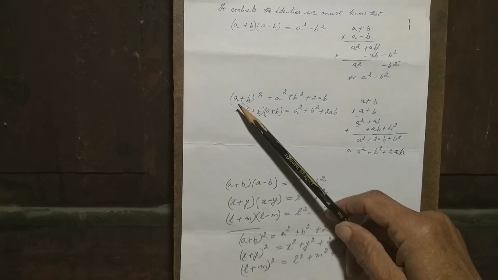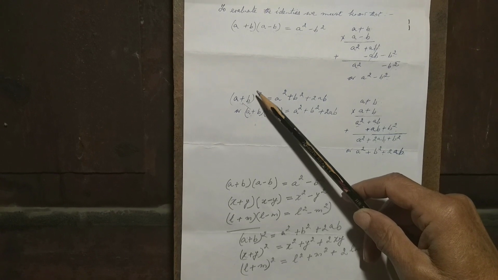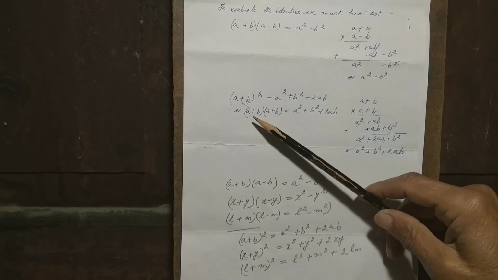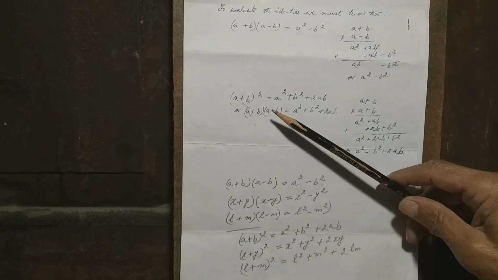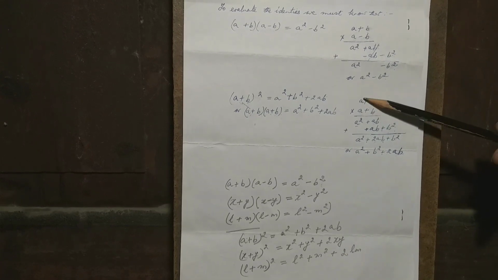In the same way, we have a plus b whole square. Now what does it mean? A plus b whole square means that a plus b is again multiplied with a plus b. Now let us multiply. A with a gives us a square, a with b gives us ab.